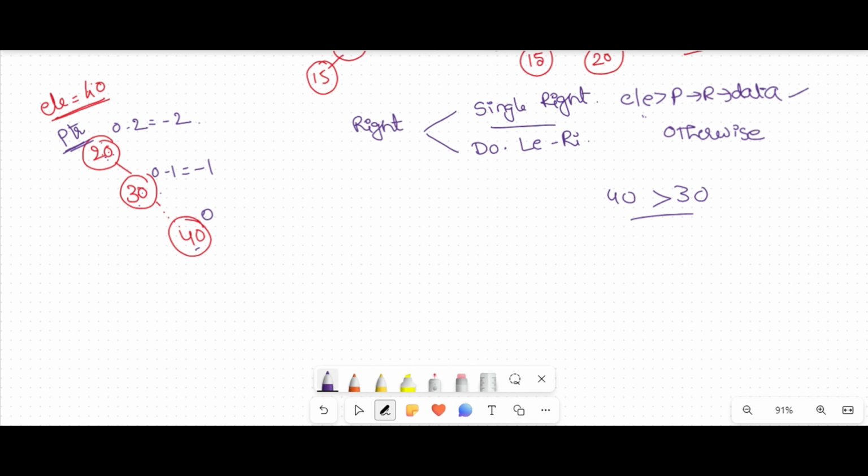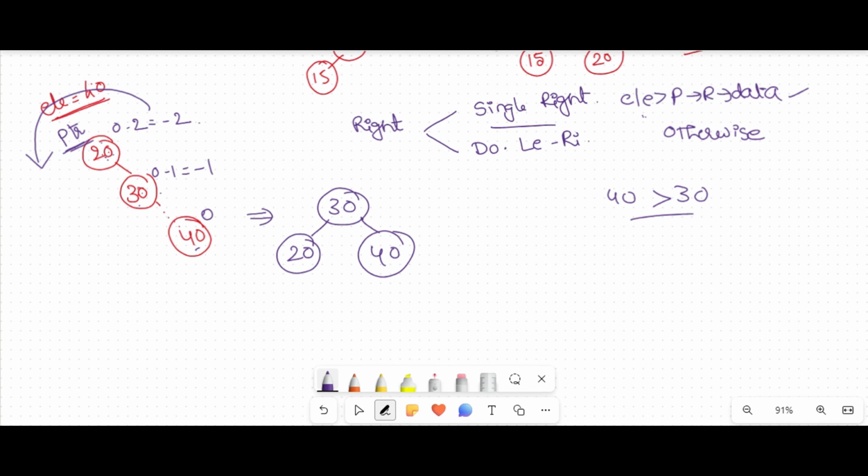Then which rotation do we have to apply? Single rotation at node PTR. Then 30 will become the root node, here it is 20 and here it is 40.